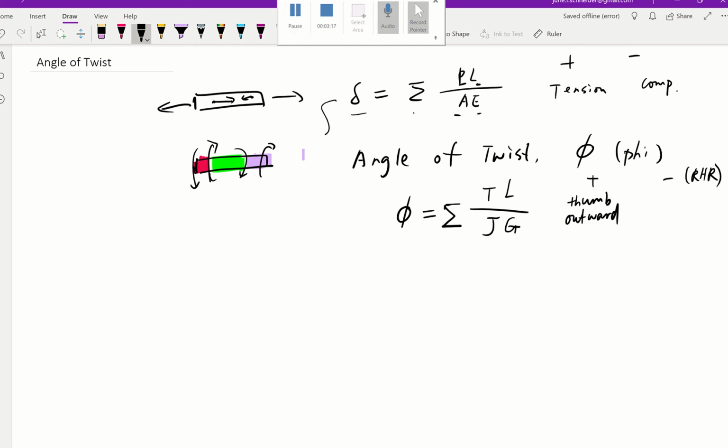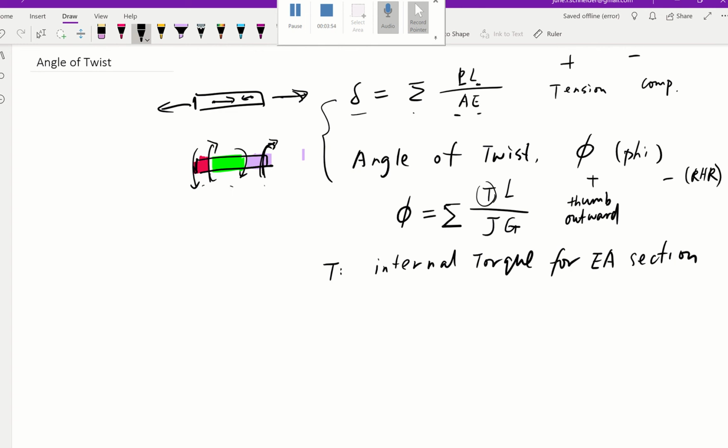I like to think about them side by side. Here you have the axial loading, here you have the torsion. Let's look at this formula one more time. This T is going to be your internal torque. Again, it's for each section, because each section, like you will see here, red, green, and purple, has a totally different internal torque.